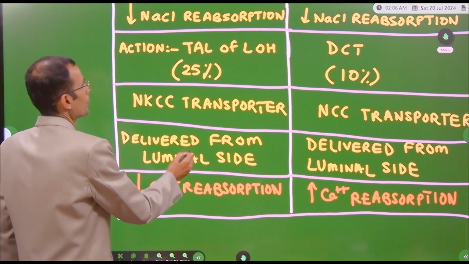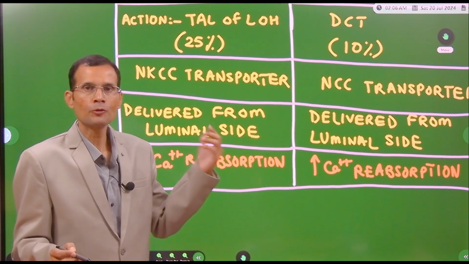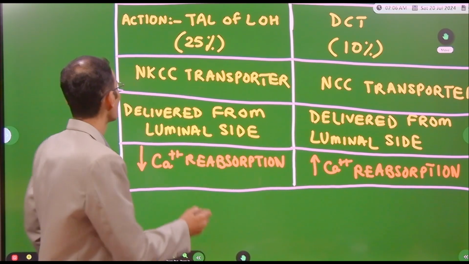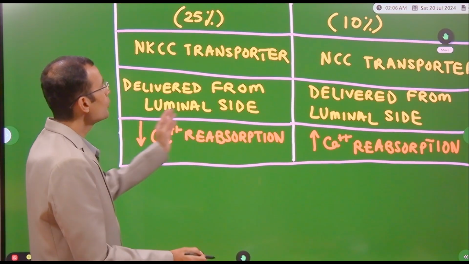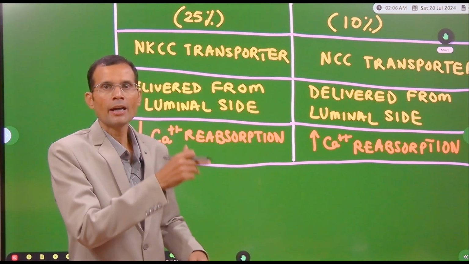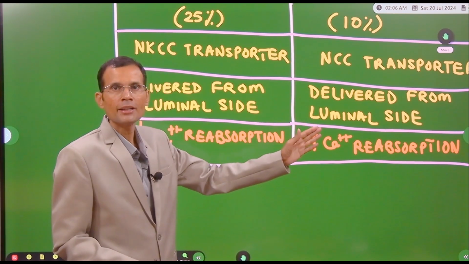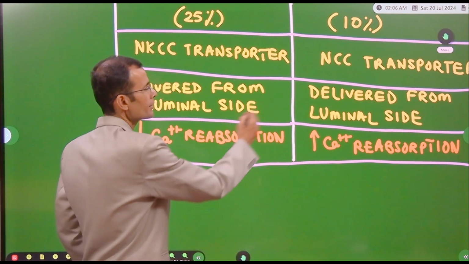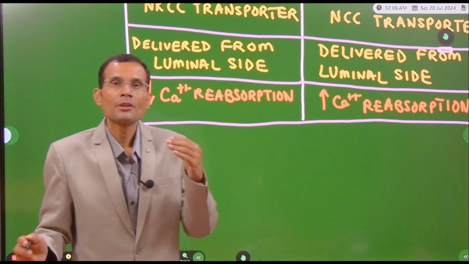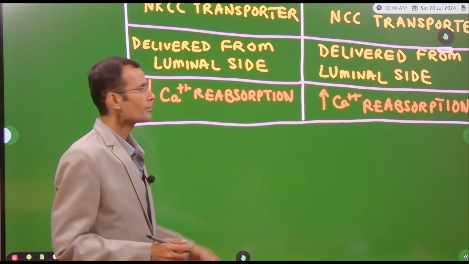All right. Transporter which is inhibited: NKCC transporter in the case of loop diuretics, NCC transporter in the case of thiazides. Delivered from the luminal side, yes, delivered in the PCT first, and then in the tubular fluids they travel to the site where they are going to act. That's the same for both these diuretics. Finally, decreased calcium reabsorption, loop diuretics.